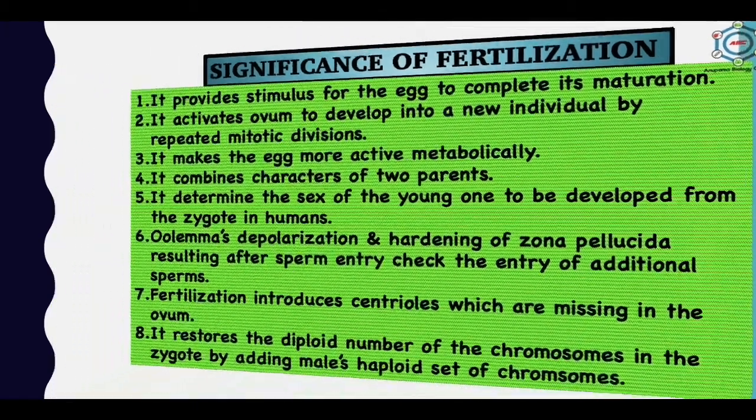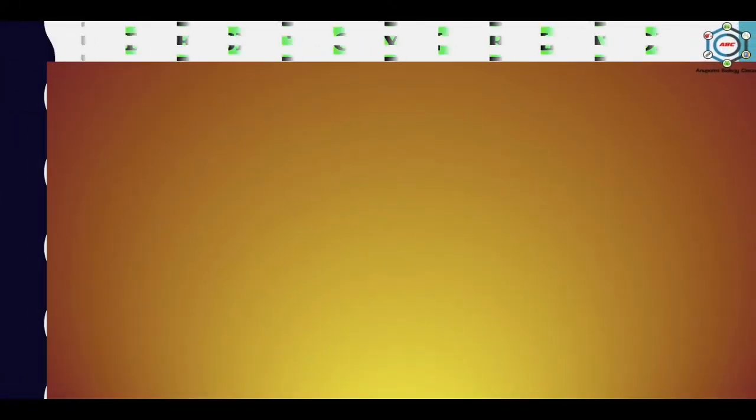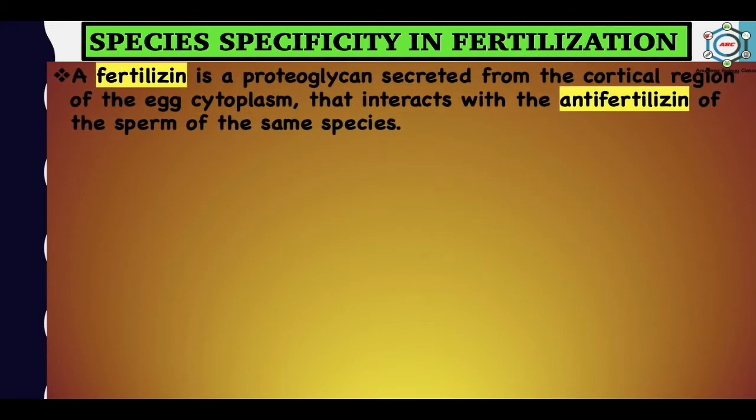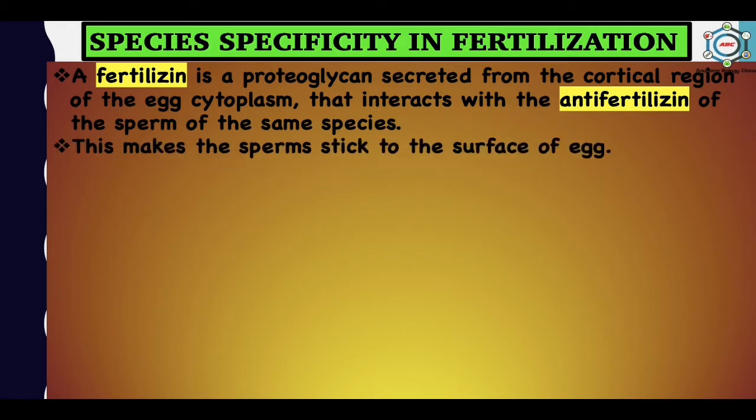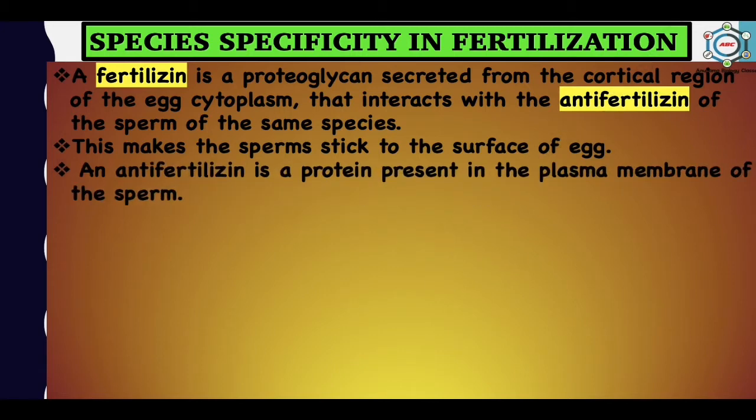After this, you can see here the species specificity in fertilization. Fertilizin is a proteoglycan secreted from the cortical region of the egg cytoplasm that interacts with the anti-fertilizin of the sperm of the same species. This makes the sperms stick to the surface of the egg.